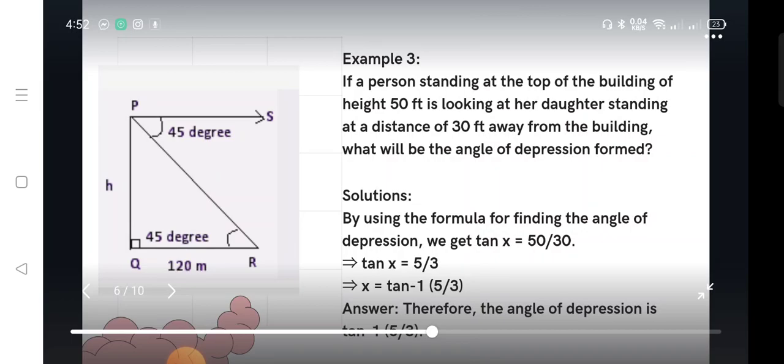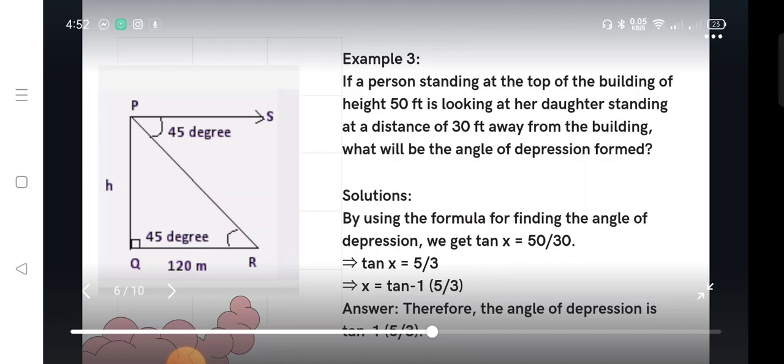So now, in the given figure, the angle of depression is denoted by x, and angle x are the same by using the alternate interior angles theorem. So by using this formula for finding the angle of depression, we get tan x is equal to 50 over 30.